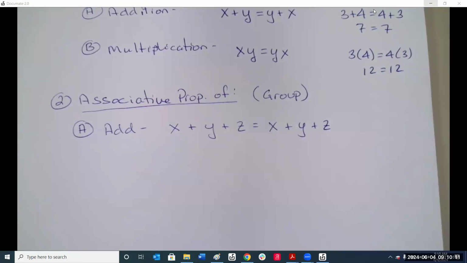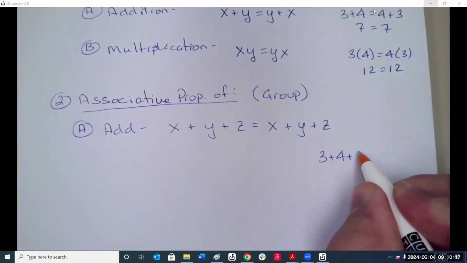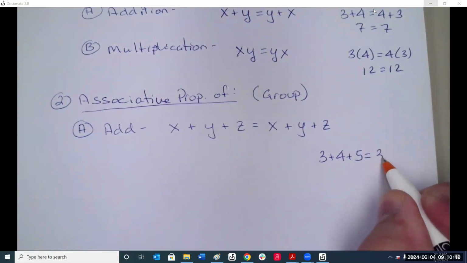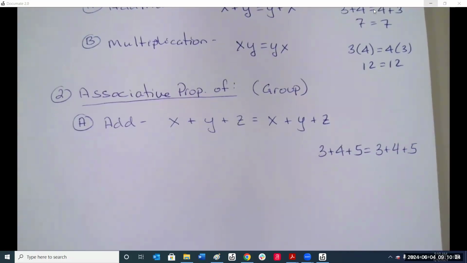But if we have 3 plus 4 plus 5, whenever you have letters, all they mean is that I can put any number I want in there.